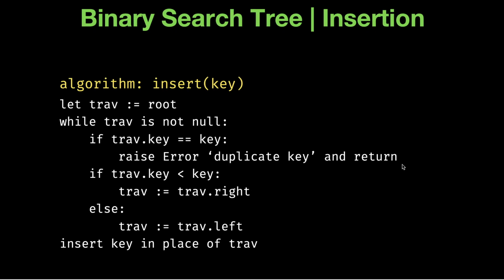You can write that implementation too, but in this implementation I will not allow duplicate keys, and I will raise an error in case a key is a duplicate. And then if the value you are trying to insert is greater than the value you found on the node, then you go to the right subtree, else you go to the left subtree, and then you gradually go downwards until you reach the leaf node, and then finally you insert that key in its place.